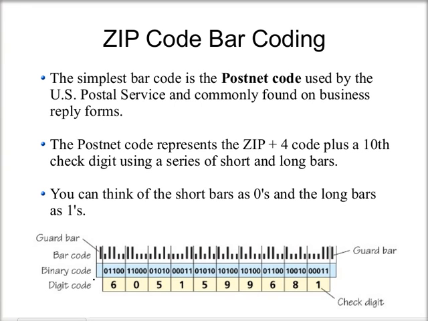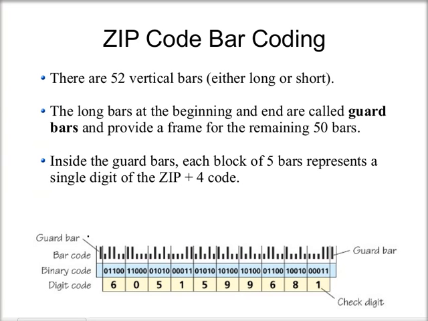Down here at the bottom of the slide, I've got a picture of a PostNet code. Notice that for each short bar in the barcode, there's a 0 in the binary code, and for each long bar, there's a 1. So we see that there are 52 vertical bars here, either long or short.